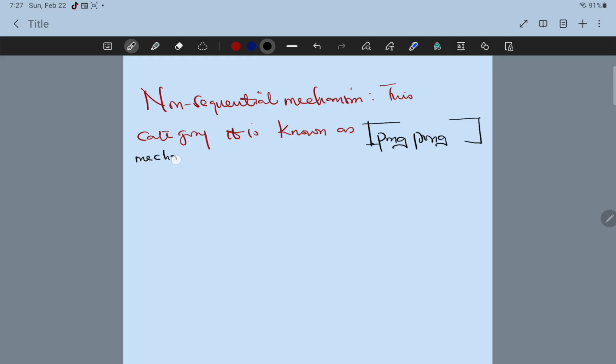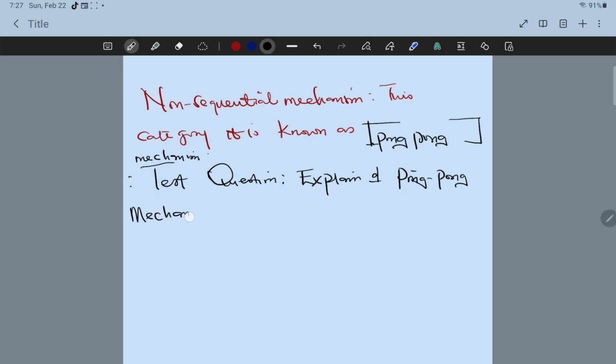And so the test question is: explain the ping pong mechanism. So ping pong mechanism is also known as the what? The non-sequential mechanism.